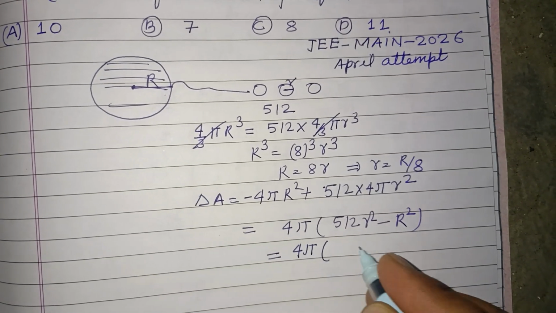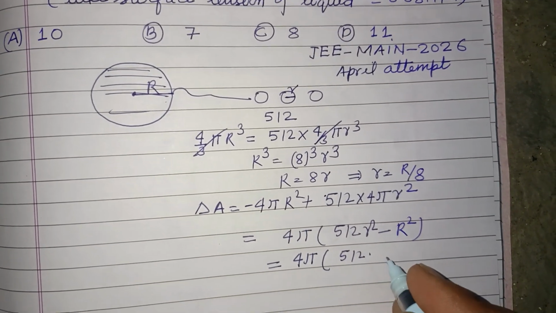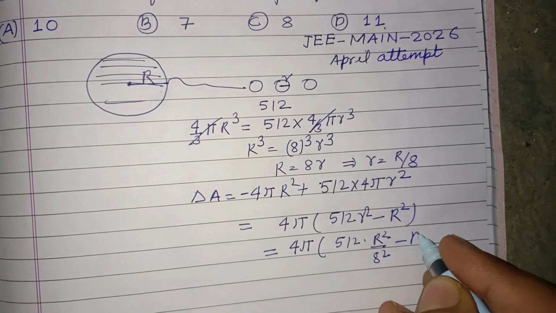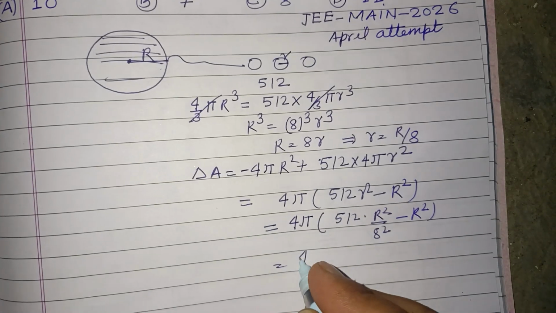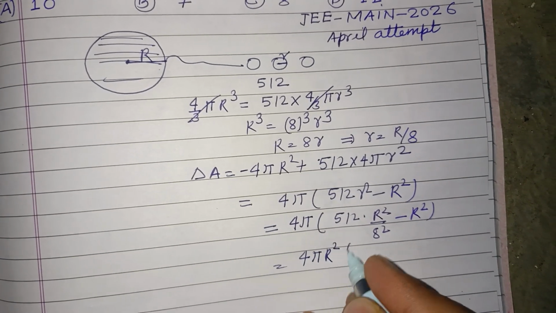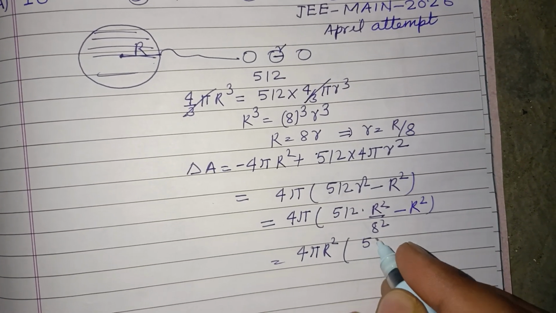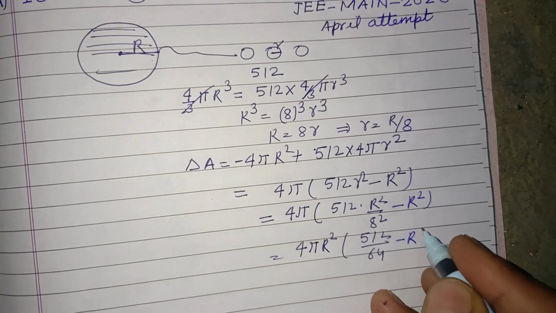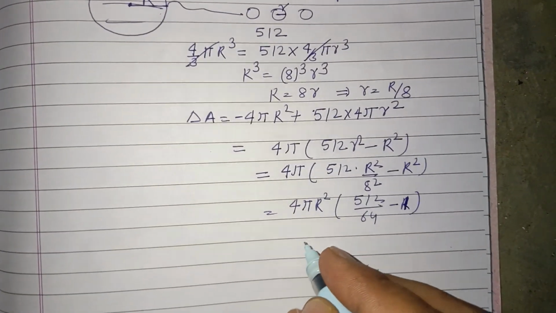4 pi, 512 into R square by 8 square minus R square. R square is common in both, so 4 pi R square. This is 512 upon 64, which is 8, minus 1, because R square is taken as common.